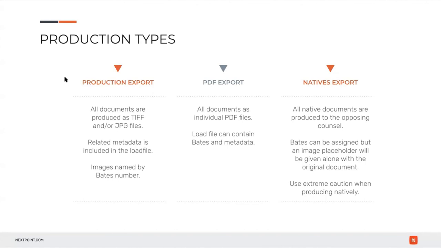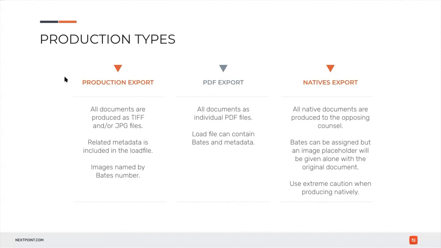And then the natives export, I always jump to the bottom here. Use extreme caution when producing natively. All native documents are produced to the opposing counsel in their original format.